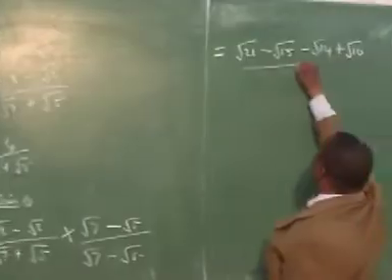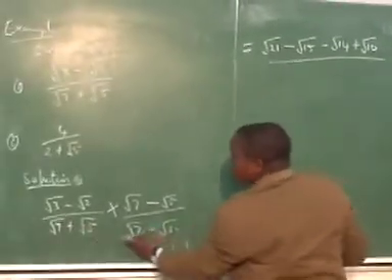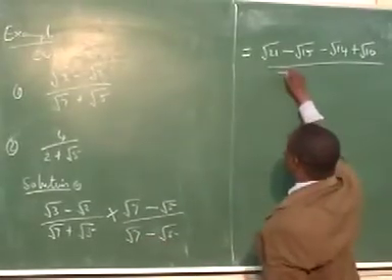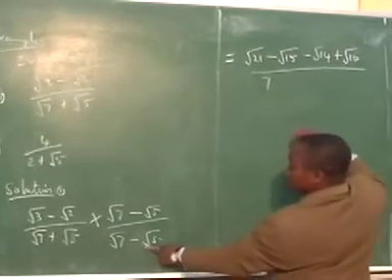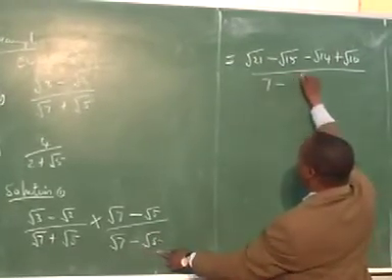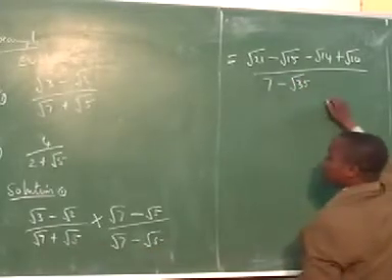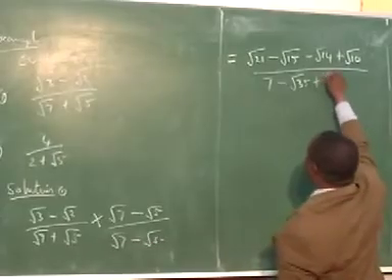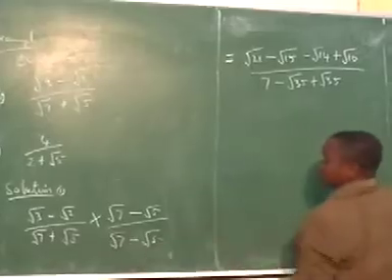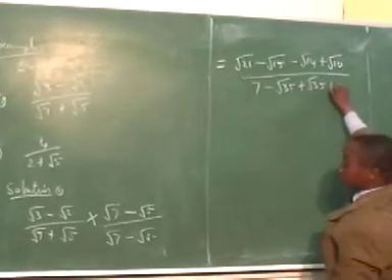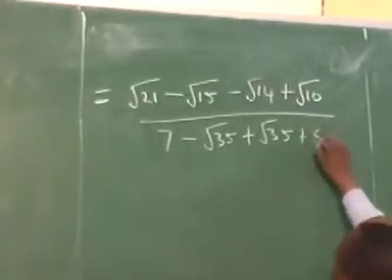Then going to the downside, root 7 times root 7 will give us 7. Root 7 times root 5 will give us minus root 35. Now root 5 times root 7 here will give us plus root 35. And root 5 times root 5 will give us plus root 25. Of course, that is 5.